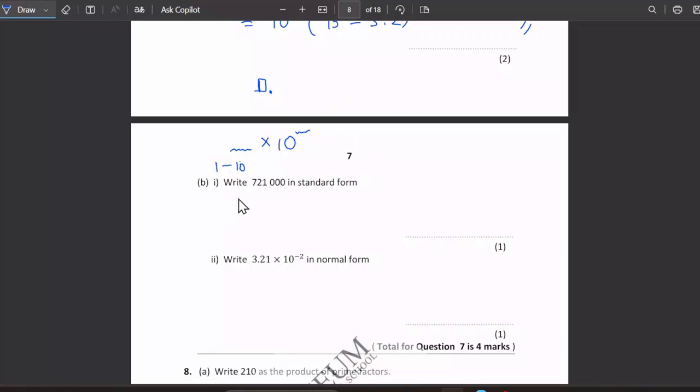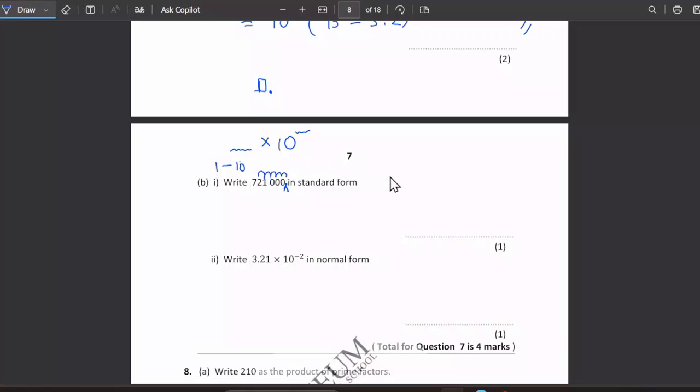So when we write this number in standard form, initially the decimal point is here. If we want to convert this number into a number between 1 and 10, we have to take this decimal point 1, 2, 3, 4, 5 places to the left hand side.